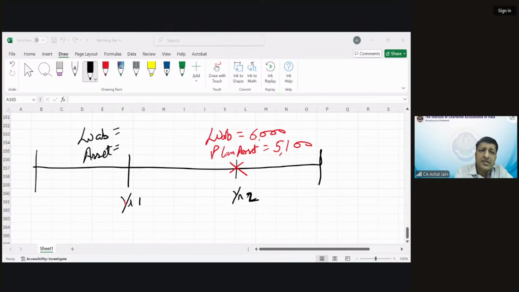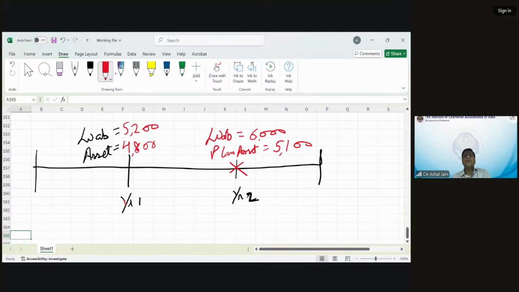Very good. So let's assume the balance of the asset at the beginning of the year was 4,800, and the balance of the liability at the beginning of the year was, say, 5,200. During the year, this liability has changed from 5,200 to 6,000, and this asset has changed from 4,800 to 5,100.